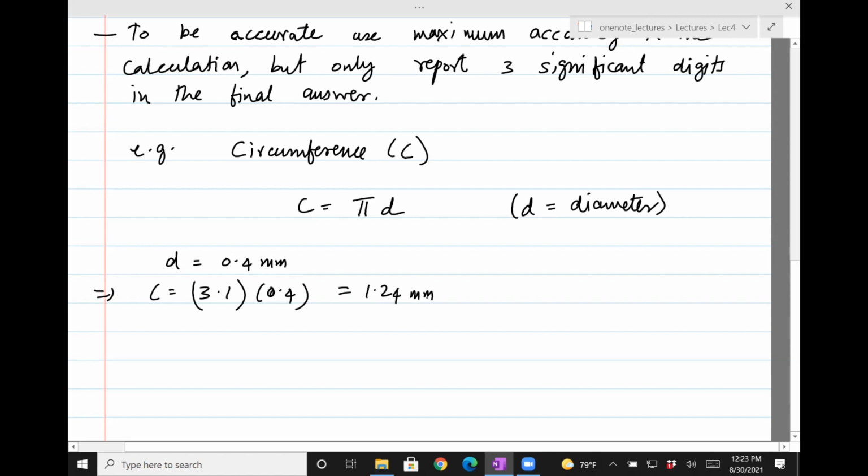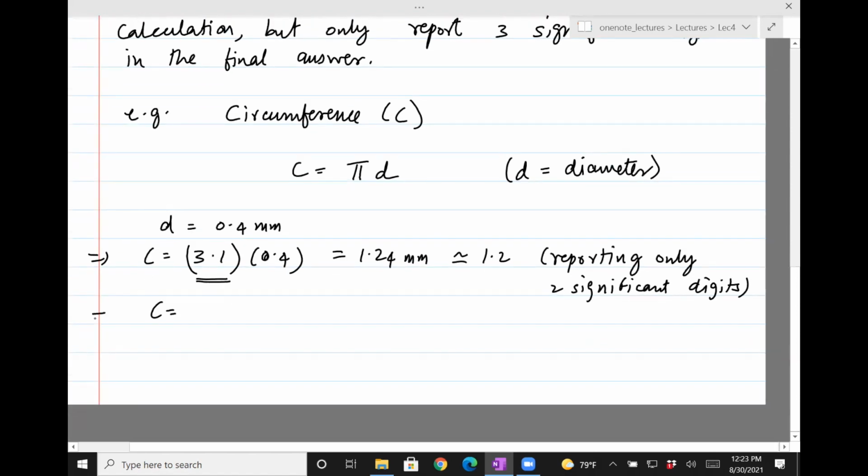And then let's say that you're supposed to report this, in this case, up to only two significant digits. Okay, that's why in the first place we truncated the value of pi from 3.14159, all that is, to 3.1. And so we ended up with 1.24 and we rounded to 1.2.